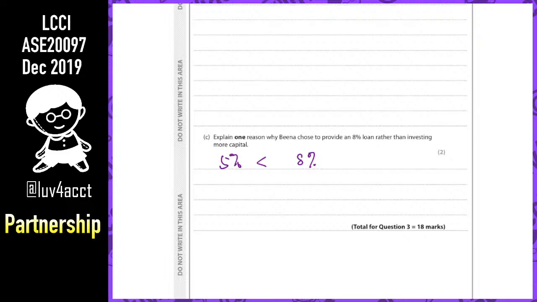Another reason is that, although it is not told how long the loan will last, there is always a maturity date.